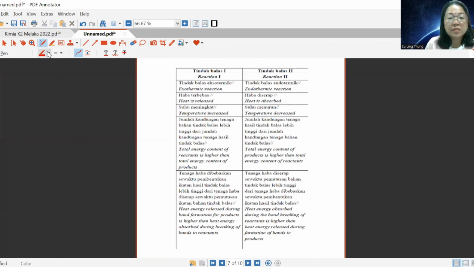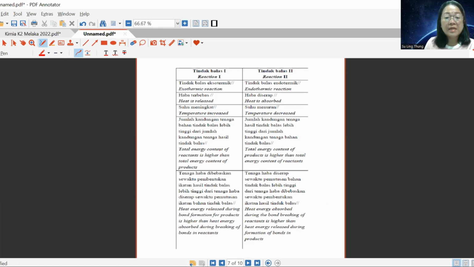That means you've got reaction 1 and reaction 2. Reaction 1 is an exothermic reaction. Reaction 2 is an endothermic reaction. In reaction 1, heat is released, that is why there is an increase in your thermometer, so the temperature increases. In reaction 2, it's endothermic, whereby heat is absorbed. That is why the temperature decreases, and you observe the temperature on the thermometer drops.